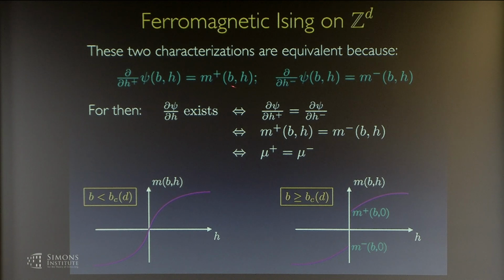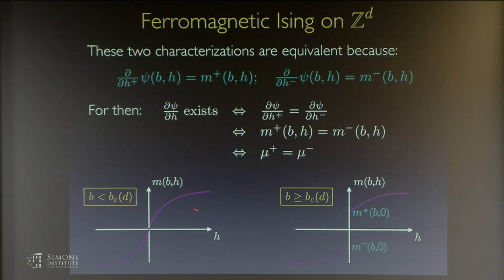The right derivative is equal to the limit of the magnetization with a plus boundary, and the left derivative is equal to the limit of the magnetization with a minus boundary. And so if the derivative exists, then these two left and right derivatives are equal, and therefore the magnetizations are equal, and therefore in particular the spin at the origin is equal. That's enough to in fact tell you that the Gibbs measures are the same.